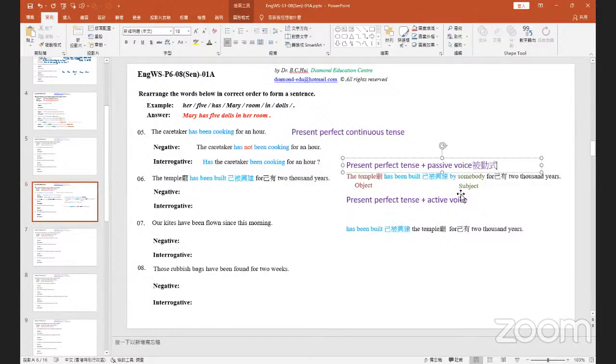If you want to change it into active voice, active voice means you have to put subject in front of the verb and object after the verb.